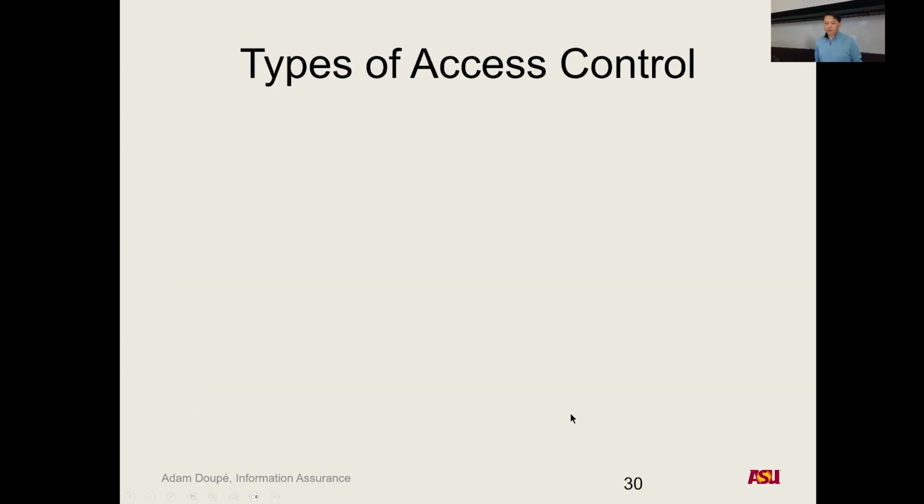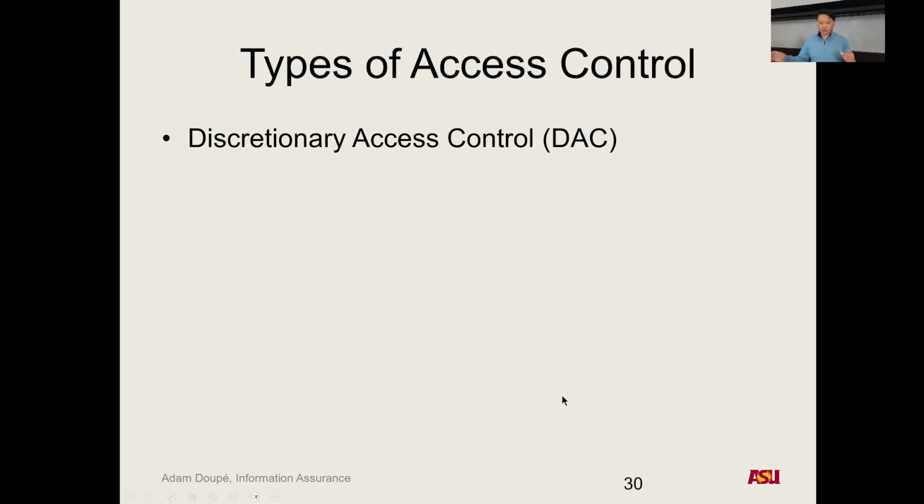In access control models, there are some famous mechanisms. The first one is discretionary access control, or DAC.